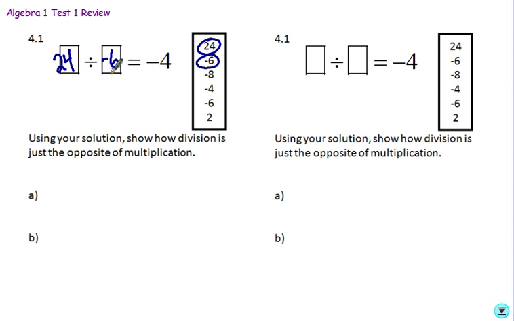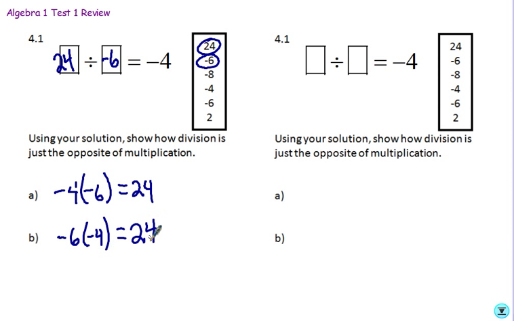But if you looked at it in reverse, if you said -4 times -6, you get a positive 24. And looked at the other way, because multiplication is commutative, we could have also said -6 times -4, which would give you 24 as well.